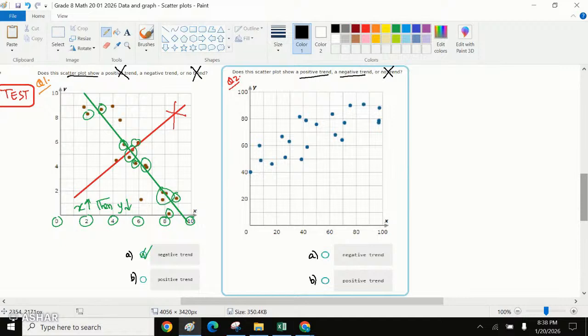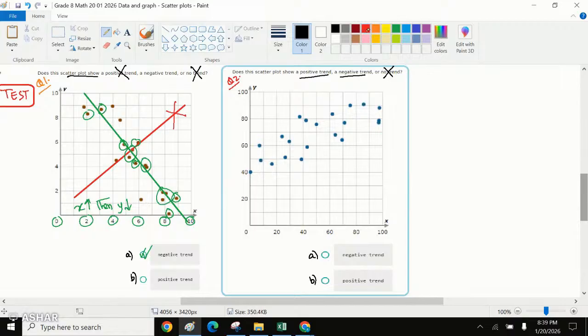Job, can I have the answer? What is the pattern for this? Is the pattern increasing or is the pattern decreasing? Yes, right?